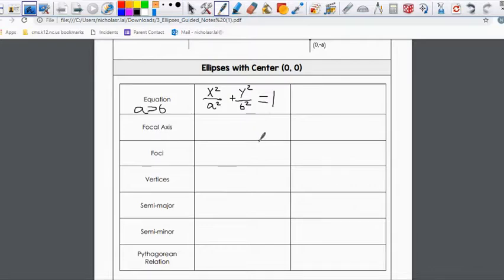If you think about it, when x is over a squared, this is going to be a horizontal ellipse.